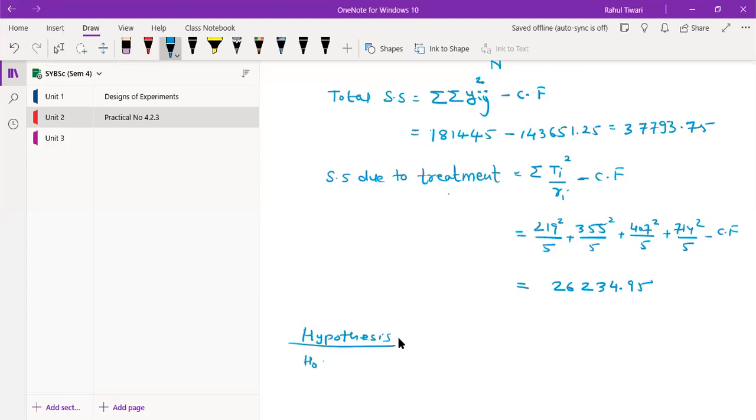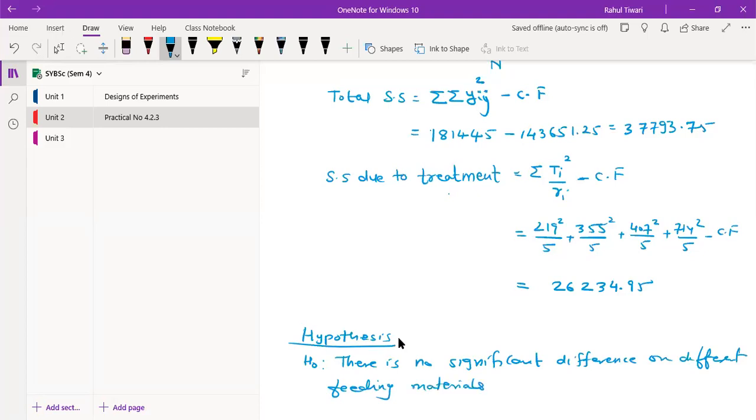H naught: there is no significant difference on different feeding materials composed of tropical feedstuff.